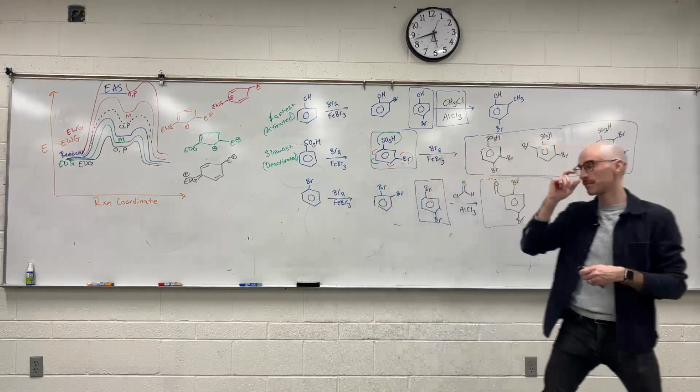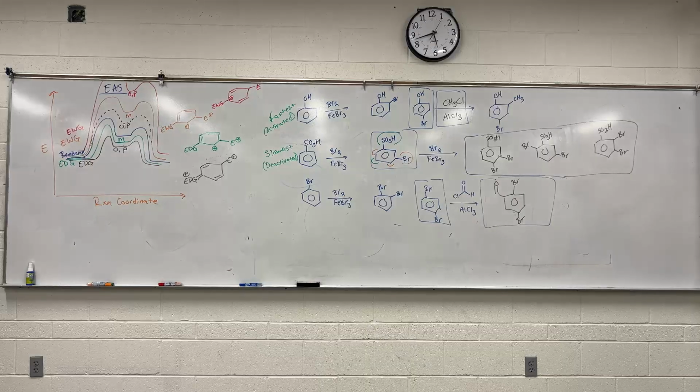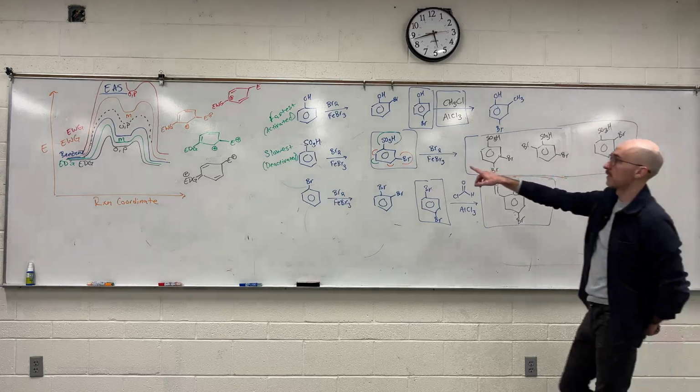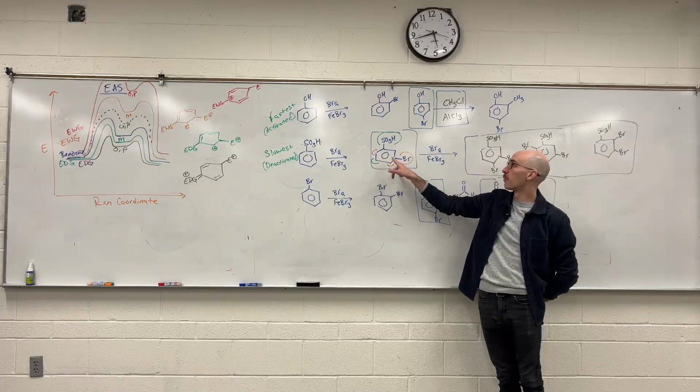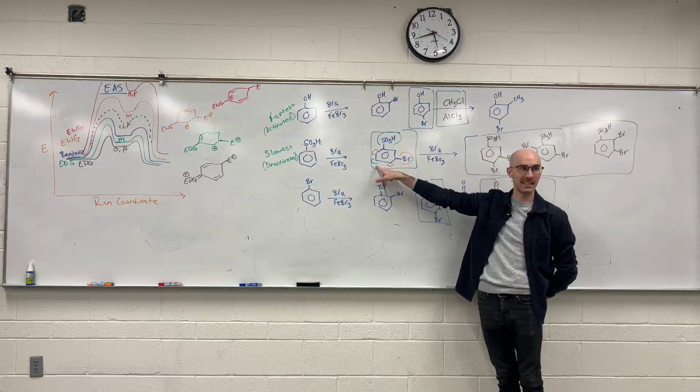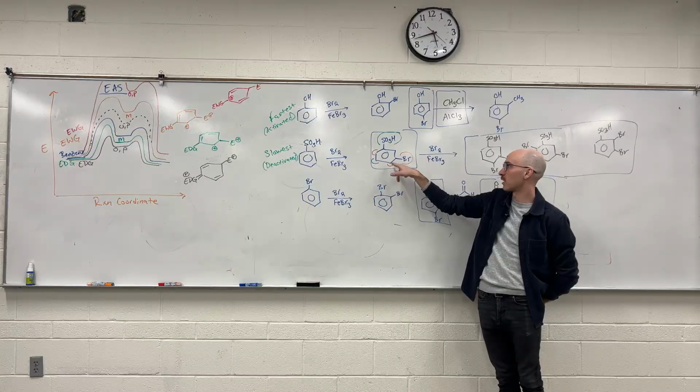Lily? So even if, going back to the second one we did, even if it's meta, it's always going to try to be ortho and para because that's better? You're talking about this one? Yeah. Even if meta is an option, the bromine is not directing meta. The bromine is directing ortho-para.